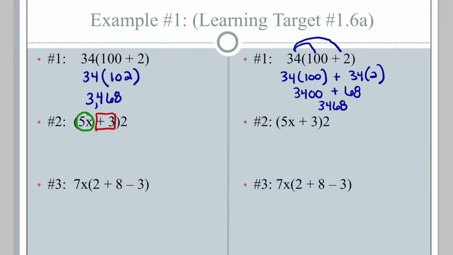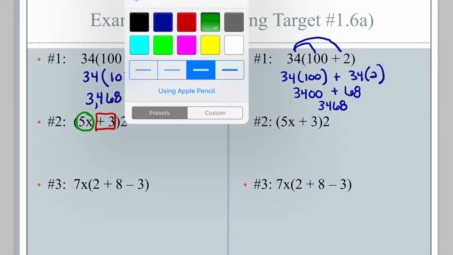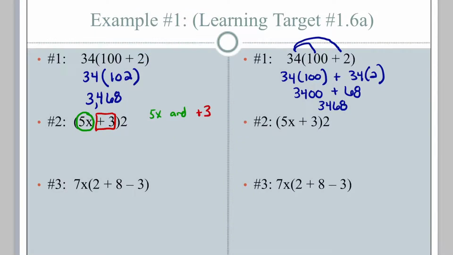These are not like terms. So 5x and positive 3 are not like terms.